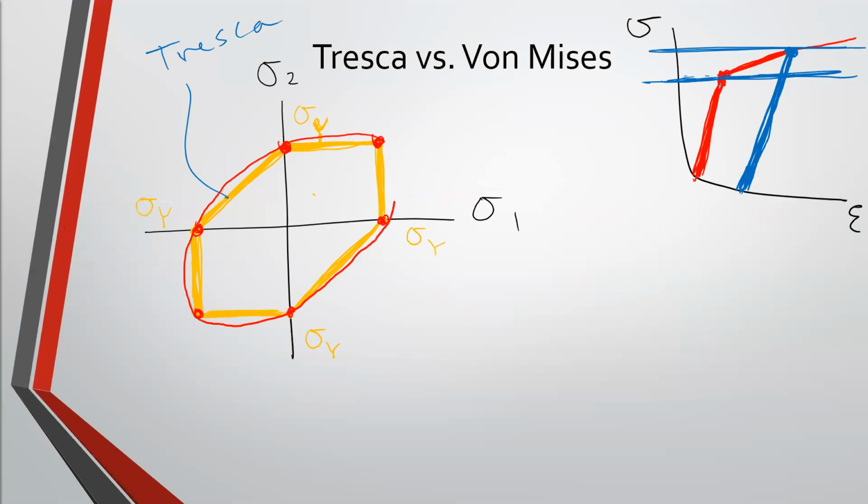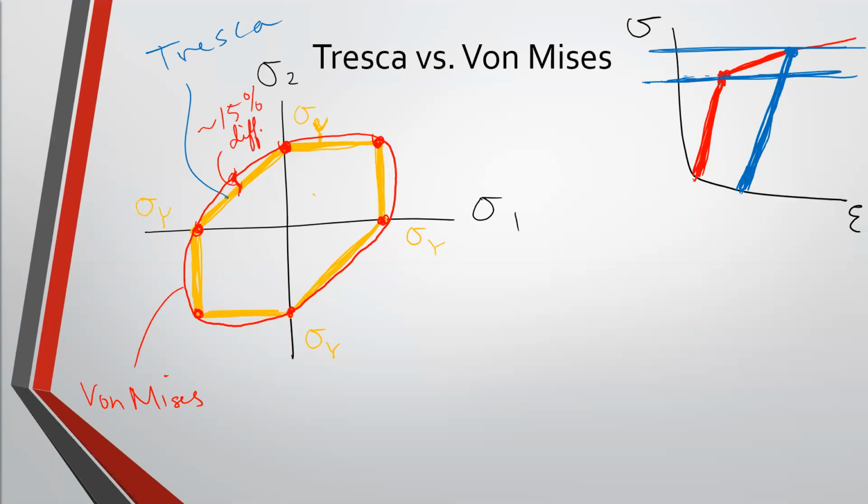Well, what it gives you is an ellipse. So you end up with an ellipse here. And so you're going to have a discrepancy anytime you get away from one of those 6 vertices. And the biggest difference is here.